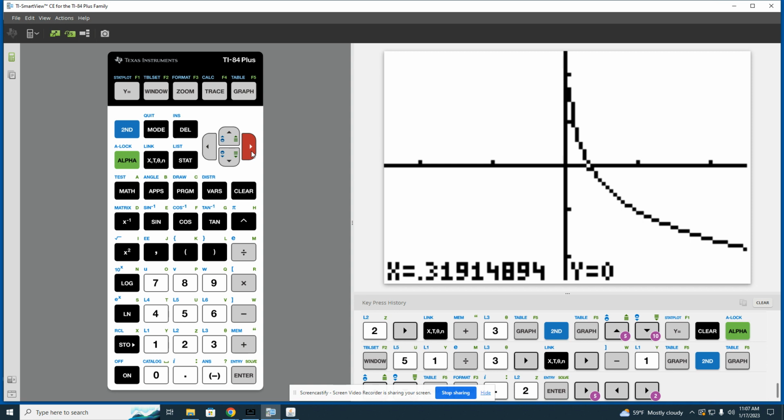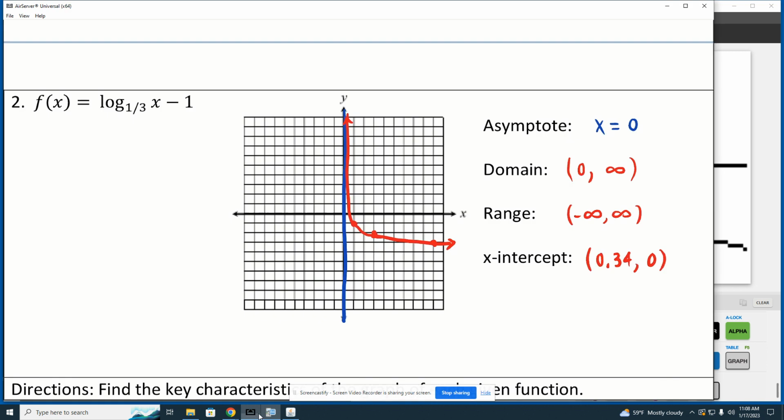If I went to the right, I may be a little past it now. What's that say? 0.37. So what do y'all think would be a really close estimate? 0.33? 0.34? Something like that? Let's just go with 0.34. So I can get a really close estimate just by zooming into my calculator.